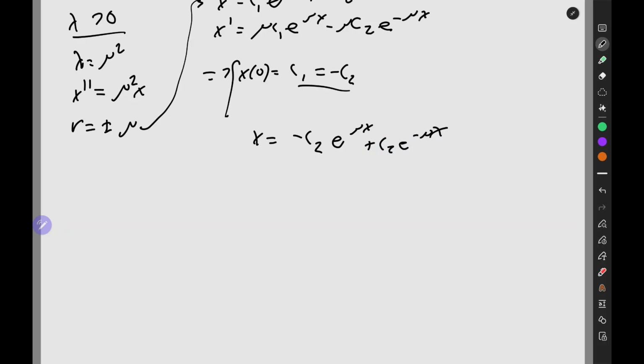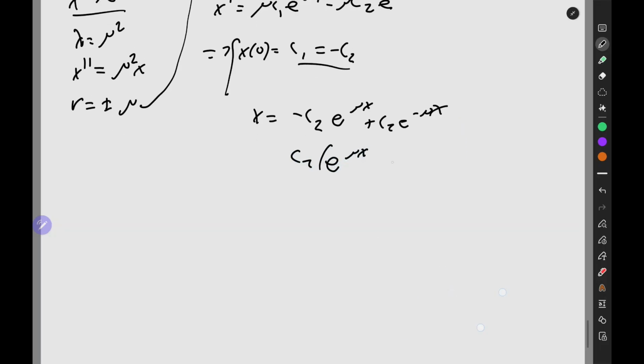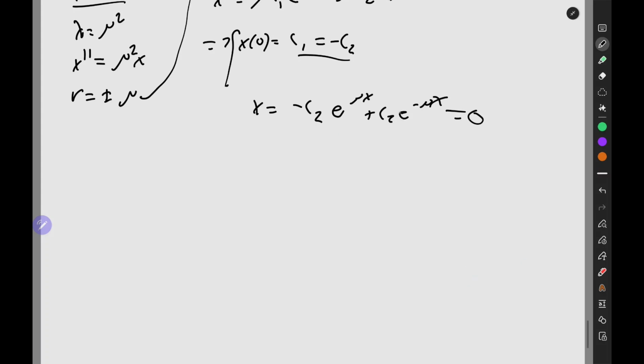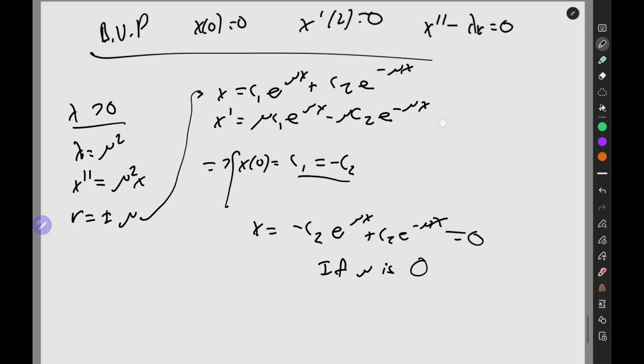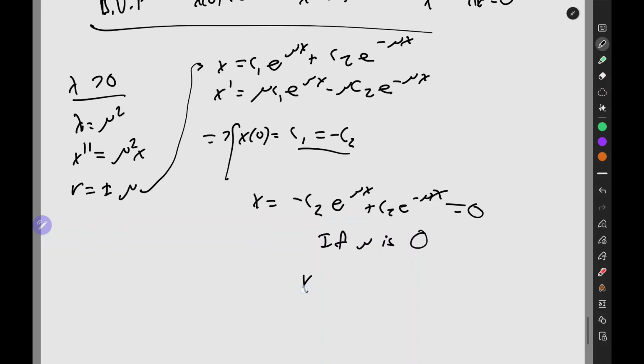You can already see this is only trivial because we can take out a C2. What value of mu makes this 0? If this is 1 and this is 1, then it will be 0. So if mu is 0, then we're left with X equals C1 plus C2.